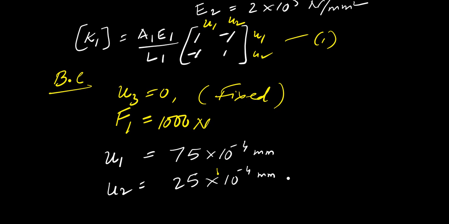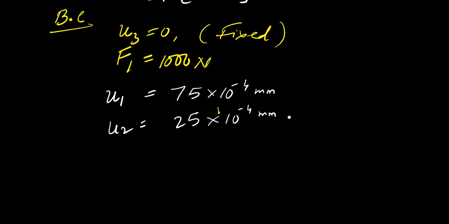All this procedure I have explained in many of my videos, you can go through them, and these are the results. The reaction force will be opposite to the applied force. The reaction force will be at node 3 because node 3 is fixed.